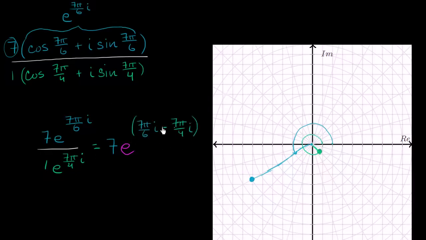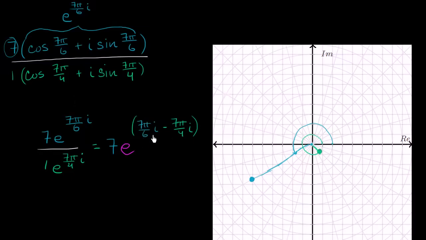So what is this going to be equal to? Well, if I have 7 pi over 6 of something and I subtract 7 pi over 4 of that thing, how many do I have left over? Let me just rewrite all of this. This is really just about subtracting fractions at this point.